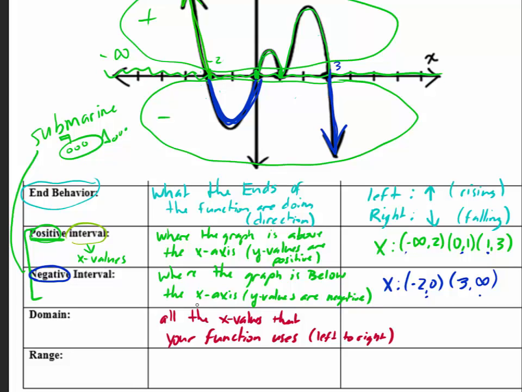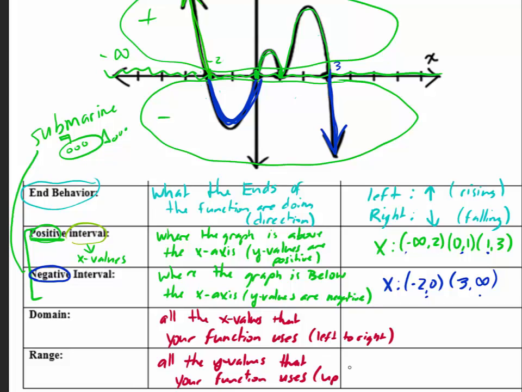Now the range, if the domain is x values, the range is going to be the y values. So it's pretty much the same thing. All the y values that your function uses.